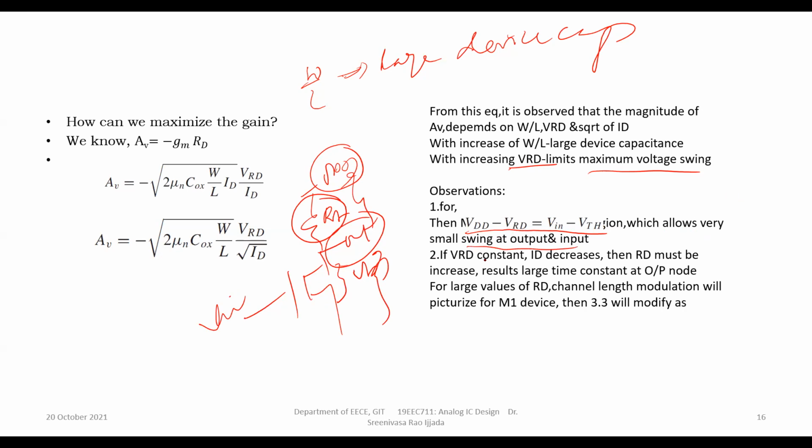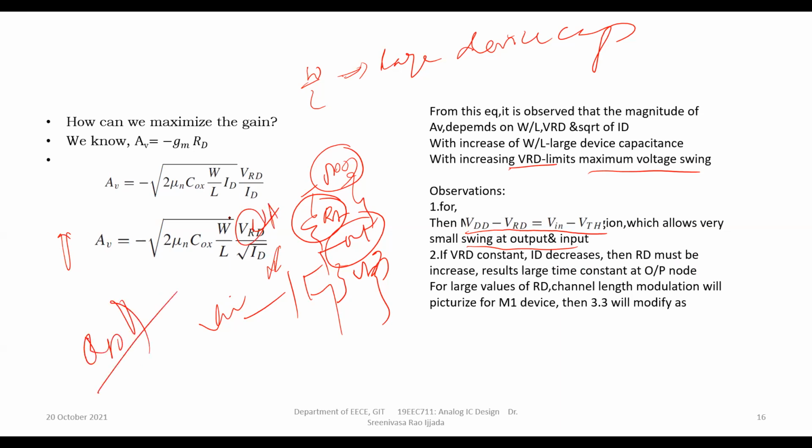And if VRD is constant and ID decreases, then what happens? If ID decreases, then RD must increase. Suppose RD increases, what is the problem?